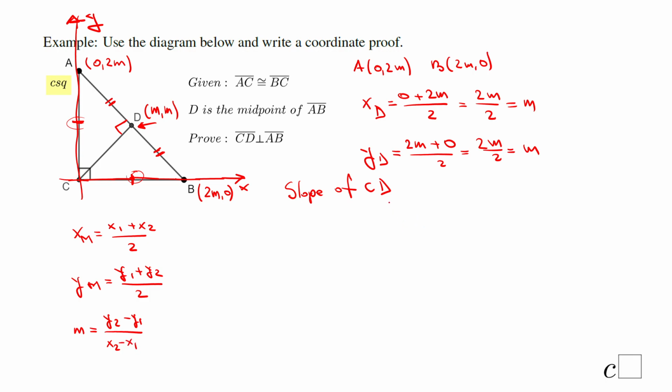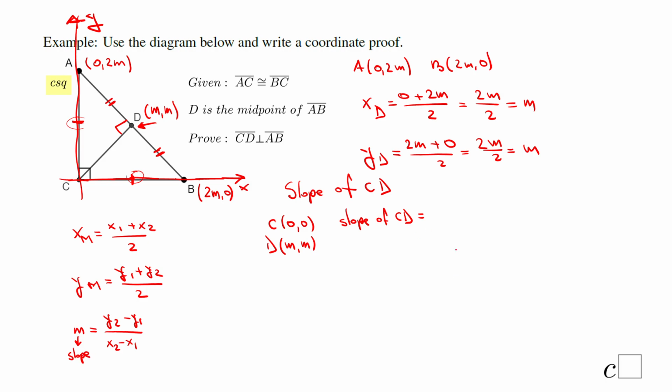Since we talk about CD, the point C is at the origin, and the point D is m and m. So I want to be sure this one means slope, nothing in connection with the m in the problem.